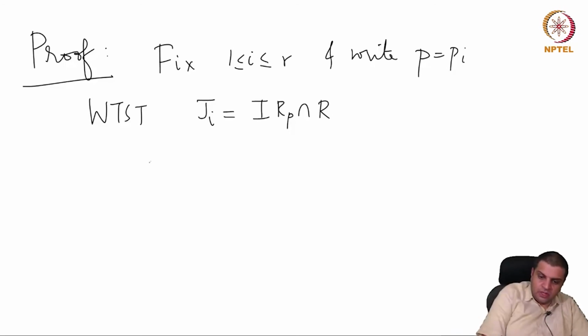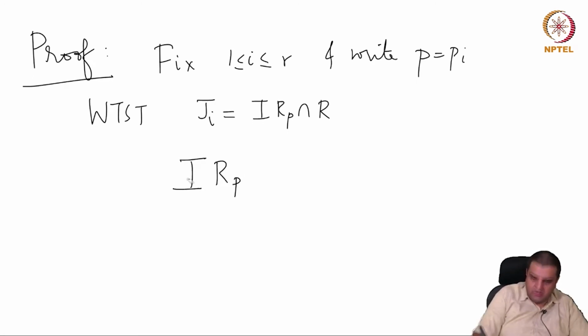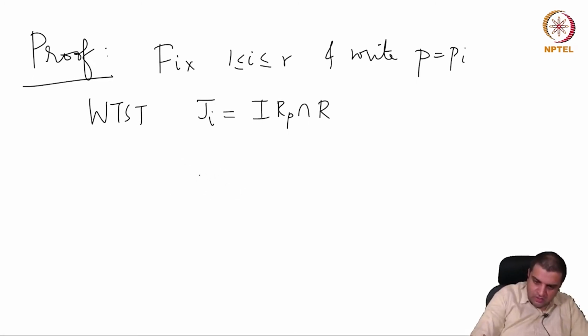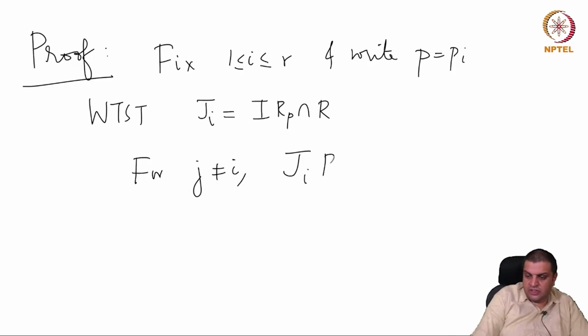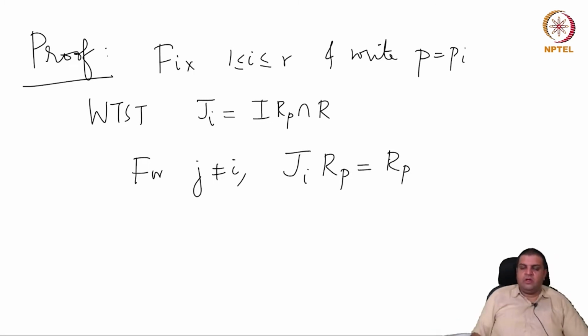Now one can check the following: I extended to Rp. For J different from Ji, Ji extended to Rp is all of Rp. Why is that?